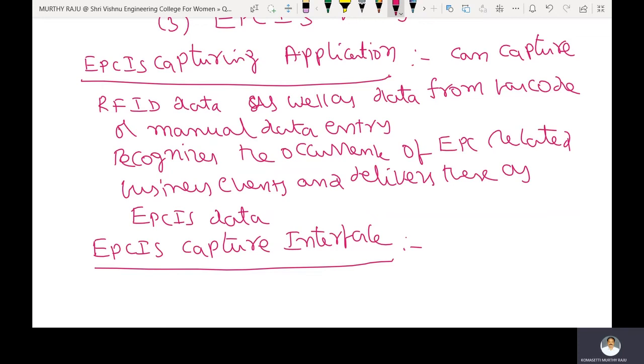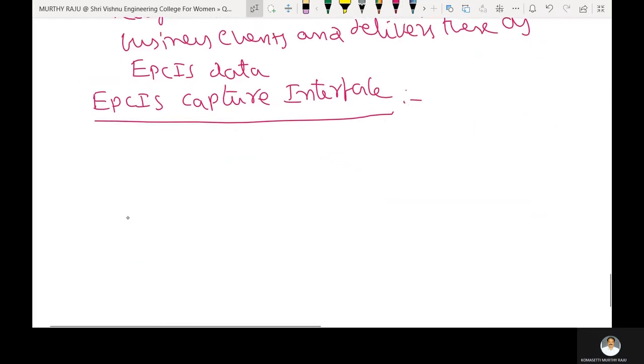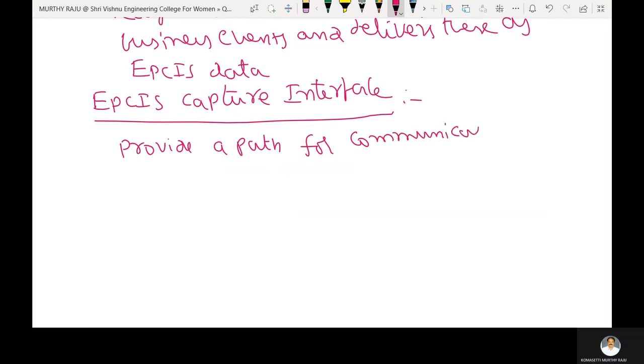The capture interface provides a path for communicating EPCIS events generated by the EPCIS capturing application. Events means product information.